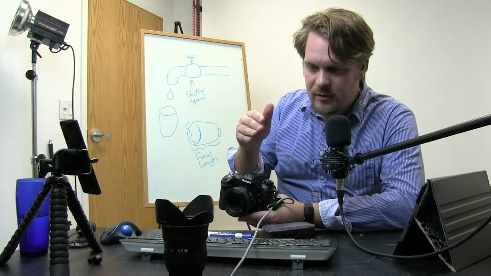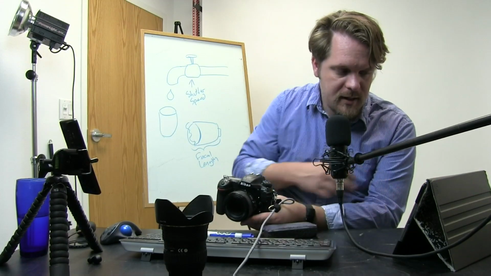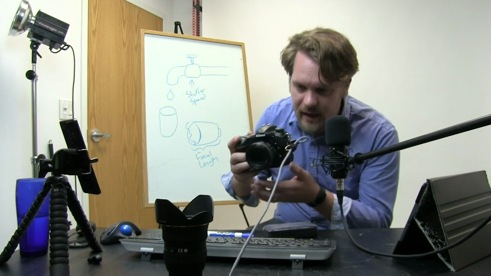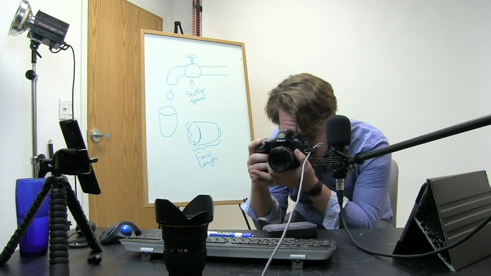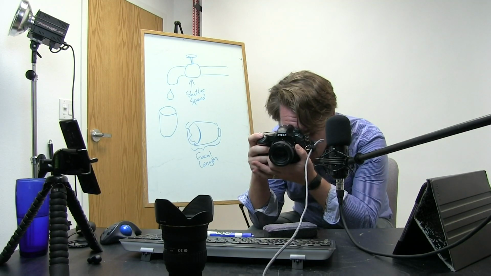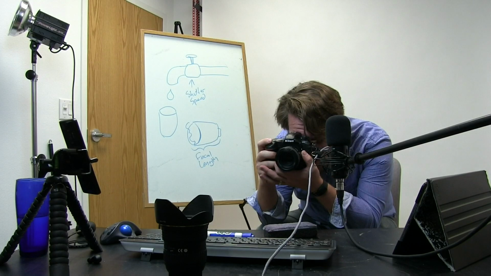So let's take a picture. You've already seen what it looks like at f8. Let's take a picture of the same lens at f1.8. And I'm going to try to frame it about the same way, except maybe less crooked.